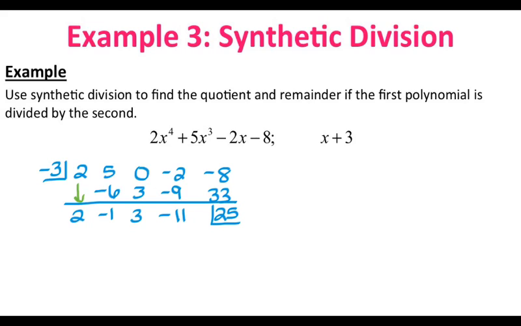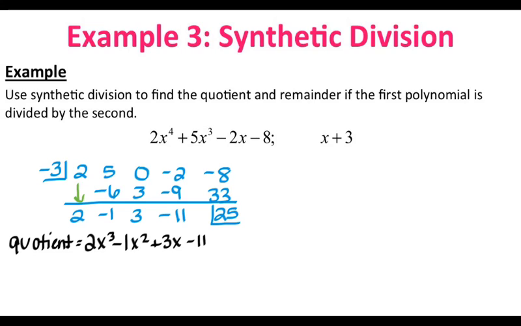Alright, so what do these numbers mean? This row over here represents the coefficients of your quotient. Since the original polynomial started with the x to the 4th, that means your quotient starts with an x cubed. So your quotient is 2x cubed minus 1x squared plus 3x minus 11.